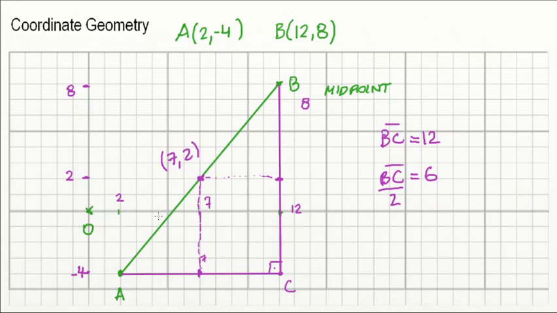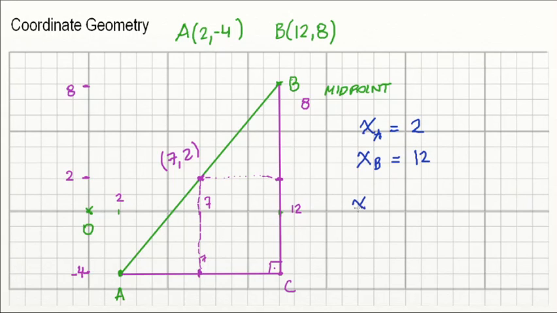However, there is an even easier method, and there's an equation that we can get from it. So let's take a look at the values for each of the coordinates of our points. So the x-coordinate of A was 2, and the x-coordinate of B was 12.